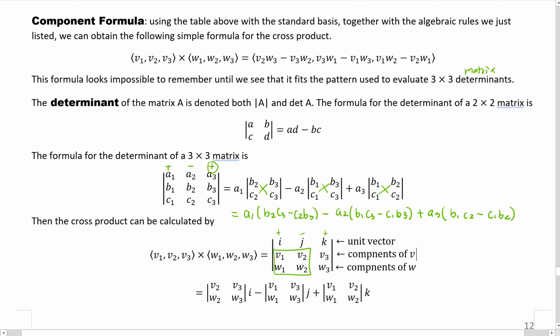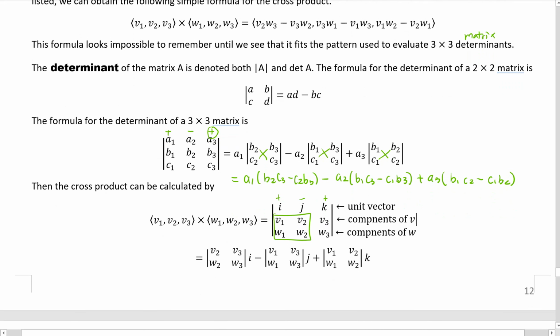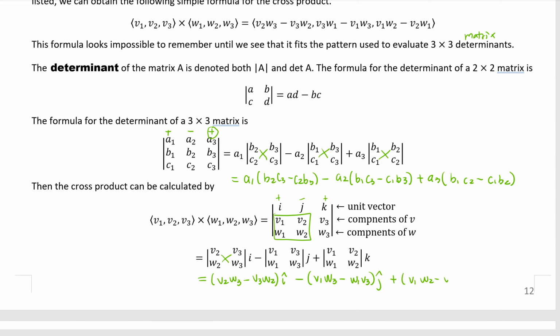And that's why you have cross multiply: V2 W3 minus V3 W2 times i, minus V1 W3 minus W1 V3 times j, plus V1 W2 minus V2 W1 times k.